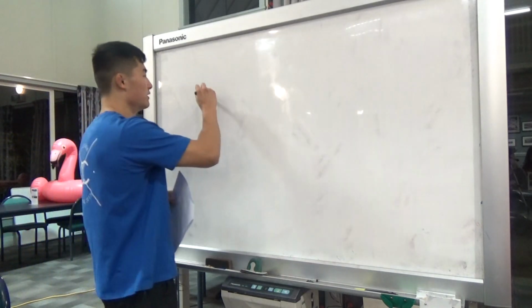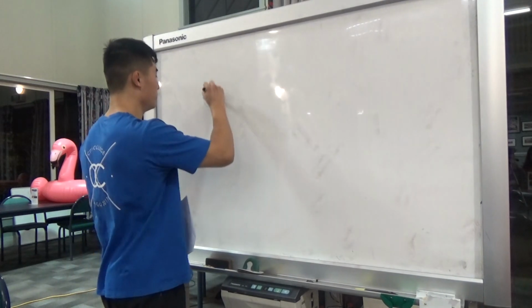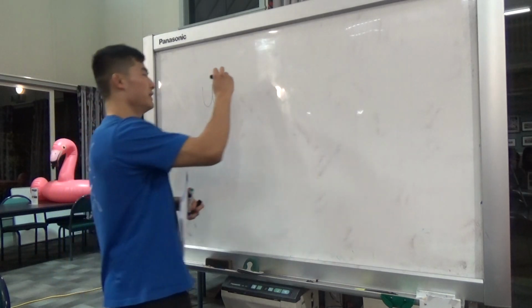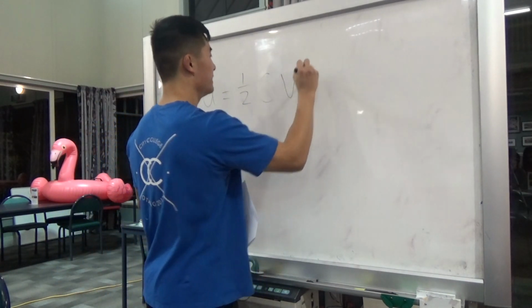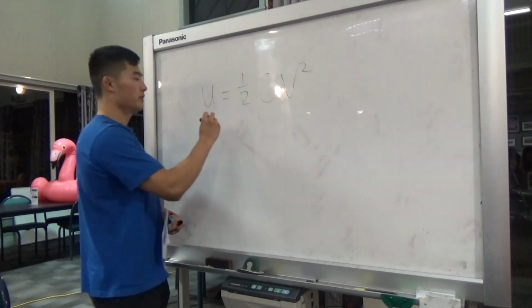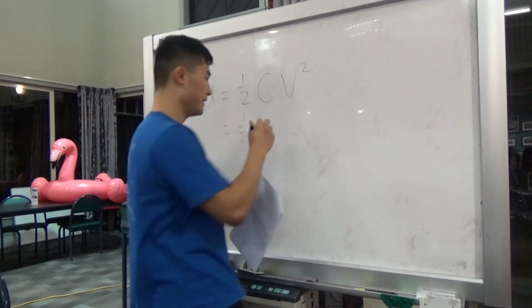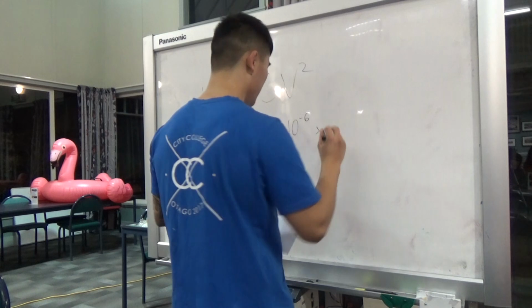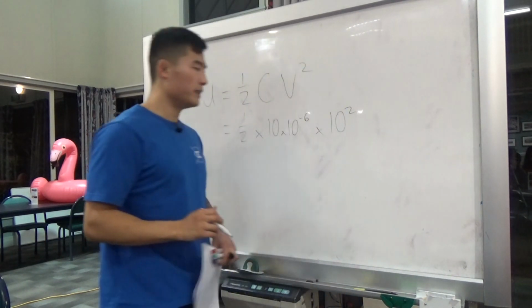So that's the electrical energy, which is the symbol U. That's equal to half CV squared. Okay. So half times the capacitance, which is 10 times 10 to the negative 6, times the voltage, which is 10.